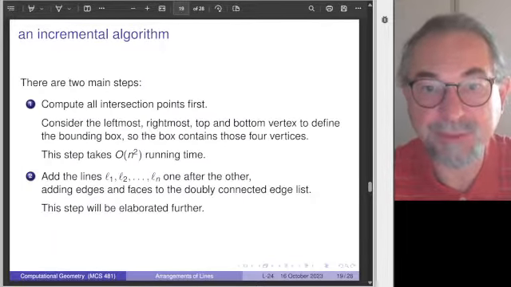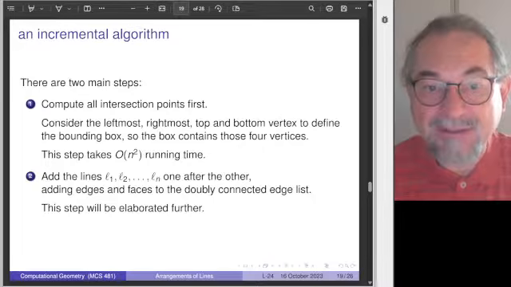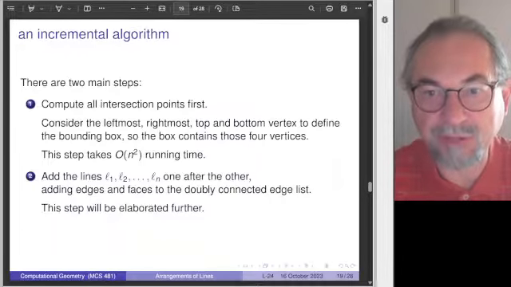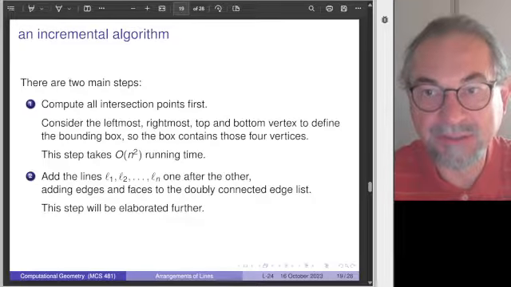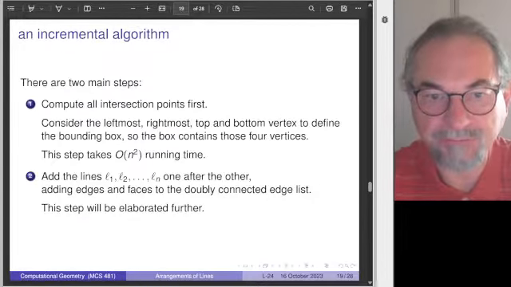That is a pre-processing step that takes n square running time. Then we add the lines one after the other and construct the doubly connected edge list that will represent the subdivisions defined by the arrangement of lines.